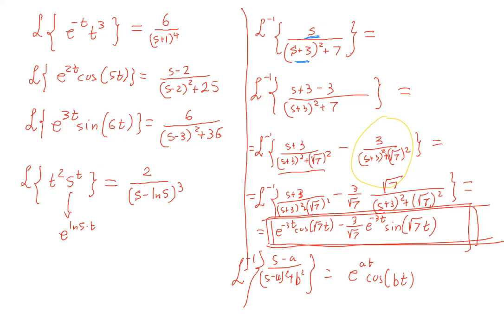The easiest way to see whether we're doing the right thing or not is to multiply this back and see that this will cancel that. Okay, and so it's the right thing. Square root of 7 cancels square root of 7, so you get 3 on the top. So that's the correct thing.